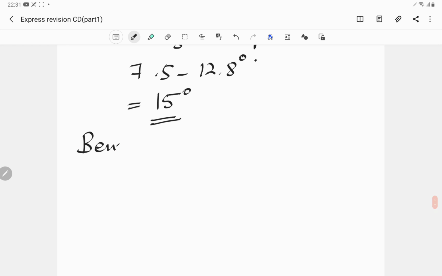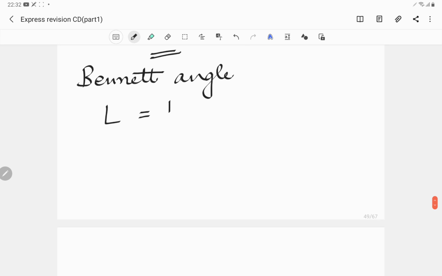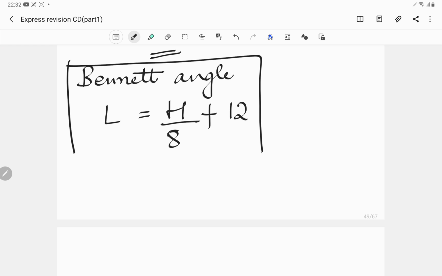How is the Bennett angle calculated in a Hanau articulator? The Bennett angle in the Hanau articulator, which is given as L, is equal to H by 8 plus 12, where H is the horizontal condylar inclination. So this is very important. L is equal to H by 8 plus 12.